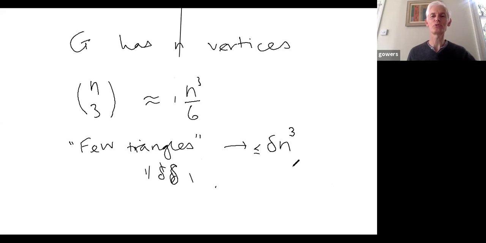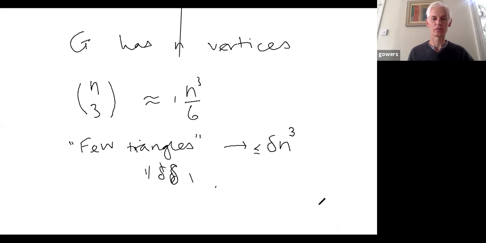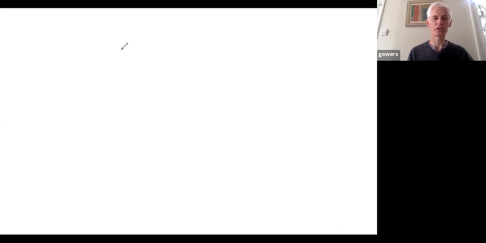So just remember that few triangles means a very small fraction of the maximum possible number of triangles. And just while we're at it, let's also talk about what it would mean to have few edges. So again, the maximum number of edges is n choose 2.